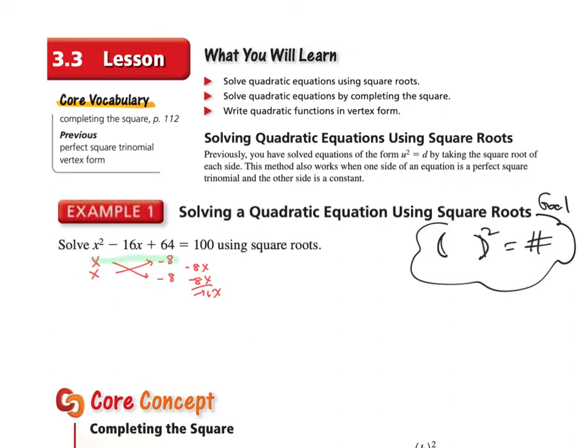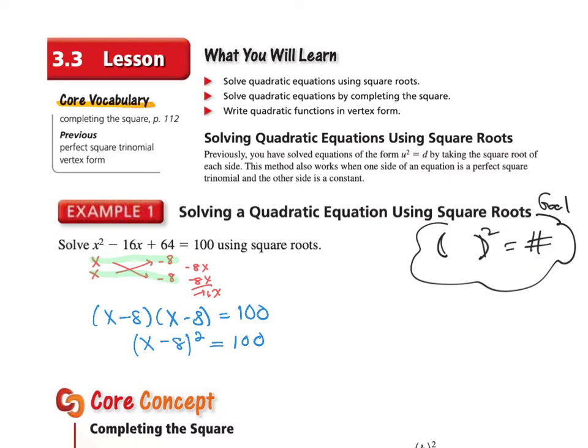It is x minus 8, x minus 8, equals 100. And because those are the same binomial twice, you can write that as x minus 8 squared.